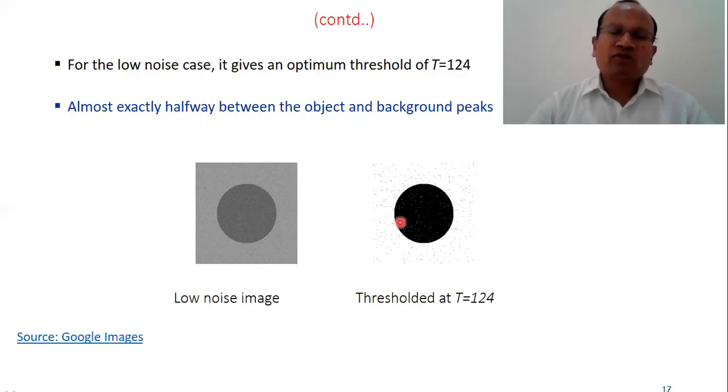So all those values which are lower than 124 are, you can see, in the center, and all those pixels which have higher grayscale values are almost not visible here in the second picture. So there is clear-cut separation. We can see that this object can be distinguished from the background.